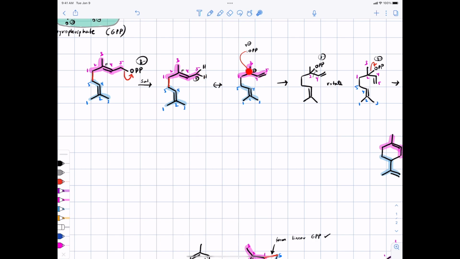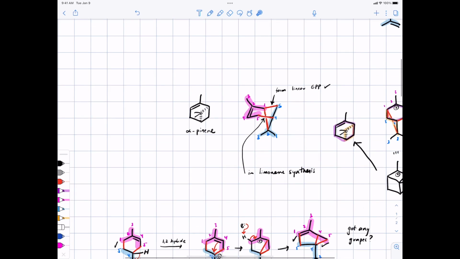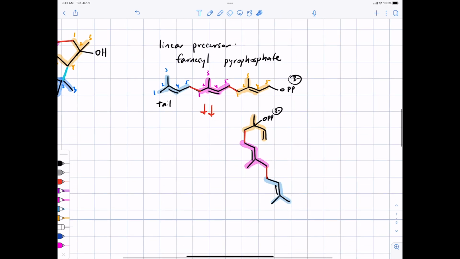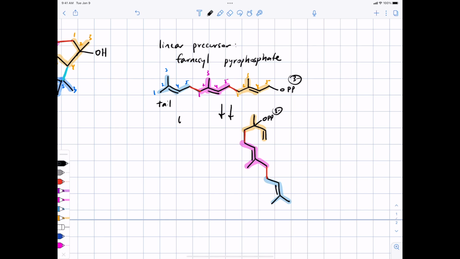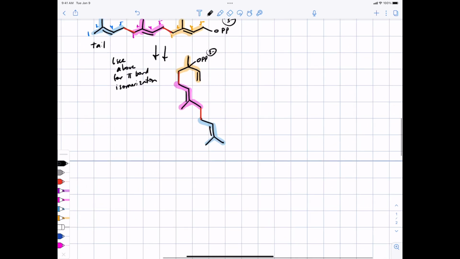We had it come back on the tertiary carbon so we could rotate around the carbon-carbon bond. So I'm skipping over multiple steps to save us some time. What I'll do though is see above for pi bond isomerization. Okay, so we get to that point.